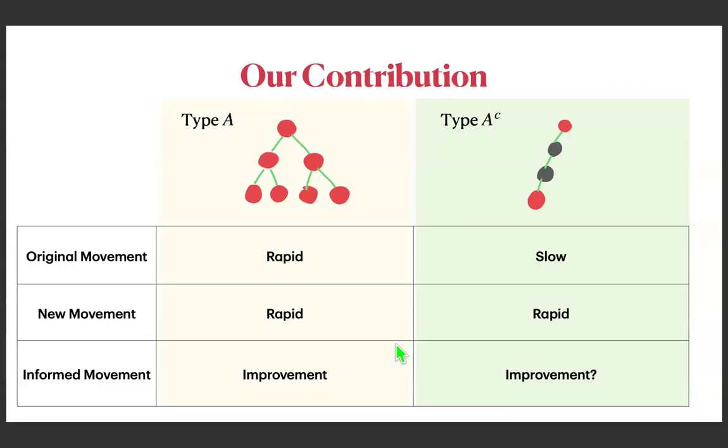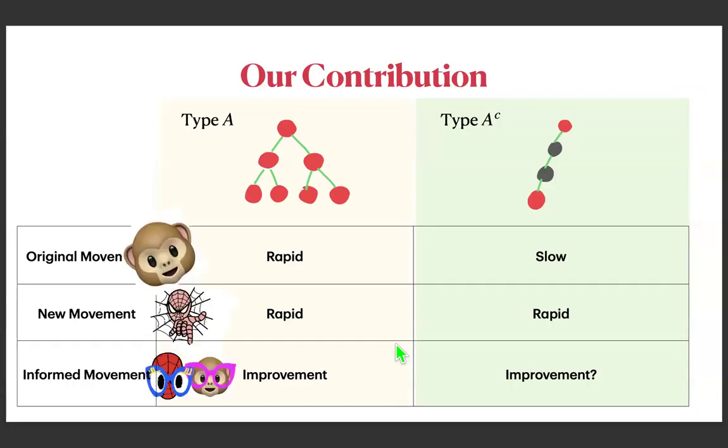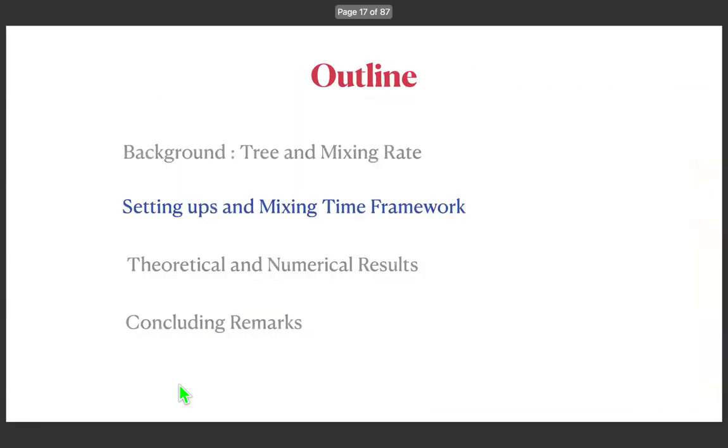And there is an informed variation of the MH algorithm, and we will see what kind of improvement it can bring. In order to help the presentation, I will use an analogy of a monkey and Spider-Man and its informed version having an eyeglass, so that we can have more intuition about what's going on here.